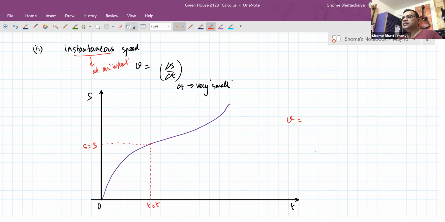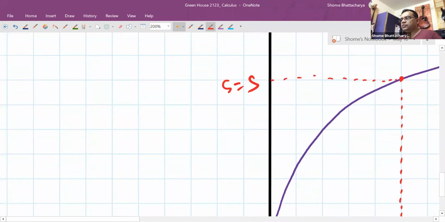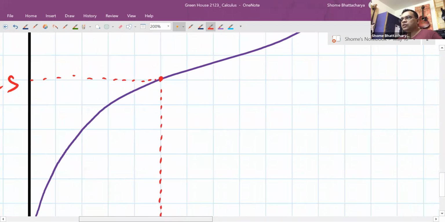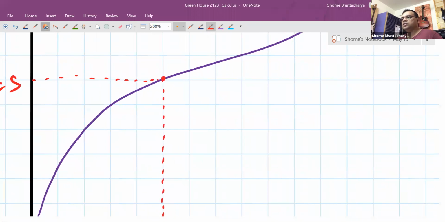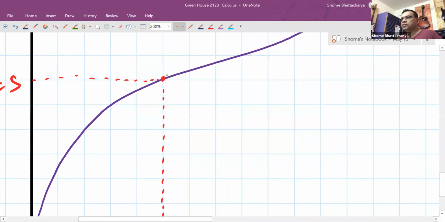Now we have to basically zoom into the graph as much as possible. Let's say we really zoom in by a comparatively large amount, and we have to see what is the closest point that we can think about from that one. So let's say according to my graph and according to how much I have magnified, this is the closest possible point that I can draw without getting into too much trouble drawing.